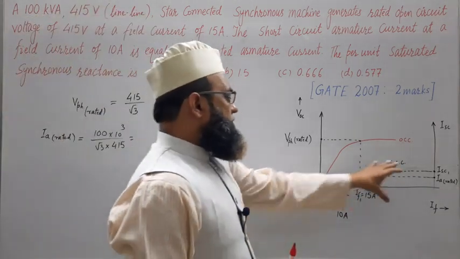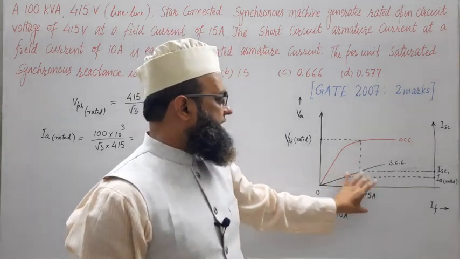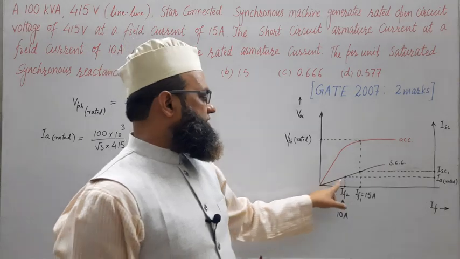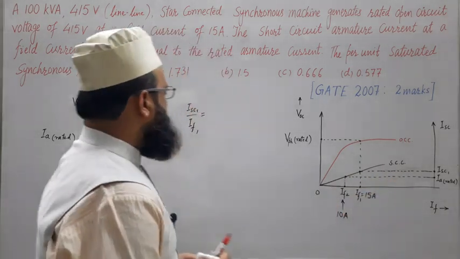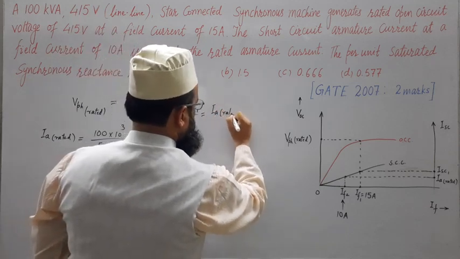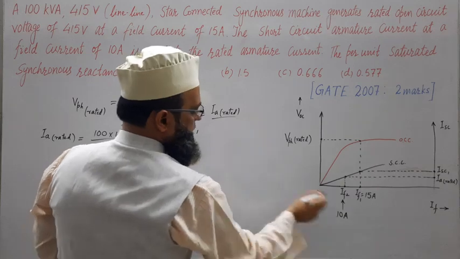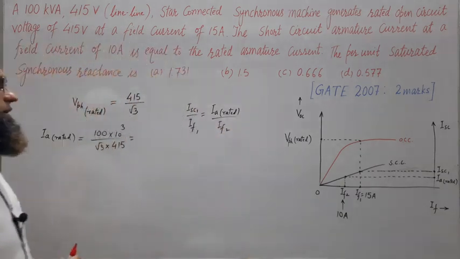So what are the other three known currents? We have taken tan theta, this upon this, that is ISC1 upon IF1. So in this triangle, tan theta will give you IA rated upon IF2.